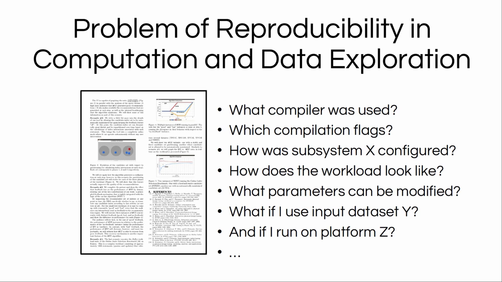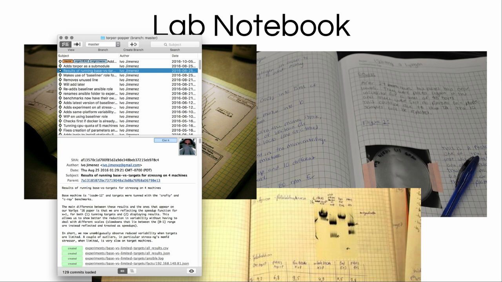So if we reflect on this scenario and compare with what people have in other domains of empirical sciences, we see that we could benefit from having the analogy of a lab notebook, right? Which is a written record of what has been done over time and why.